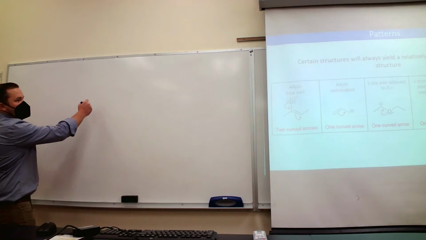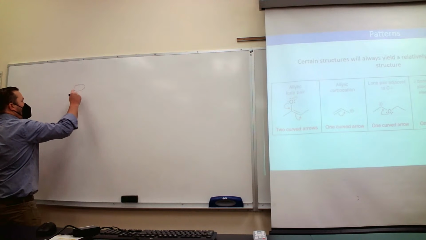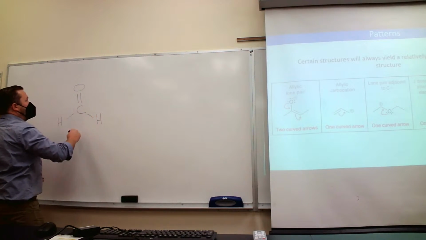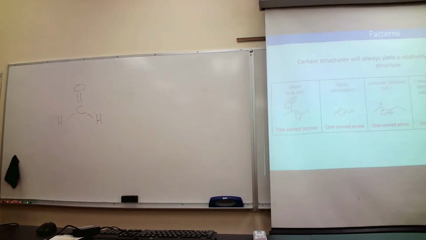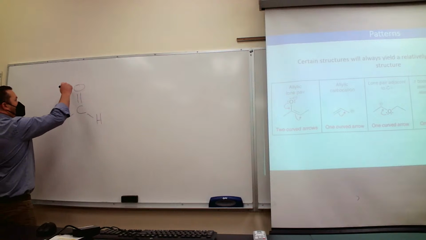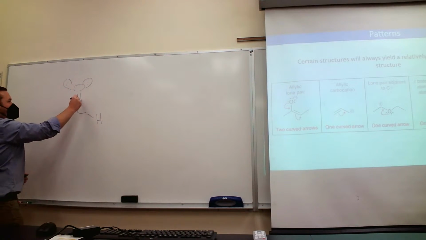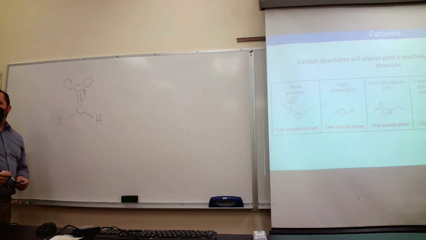And so the result of that, you actually wind up making something that doesn't have a complete octet in this case. Right, so you've got 2 lone pairs here, but because it's so electronegative, you can draw a resonance structure that just looks like that.